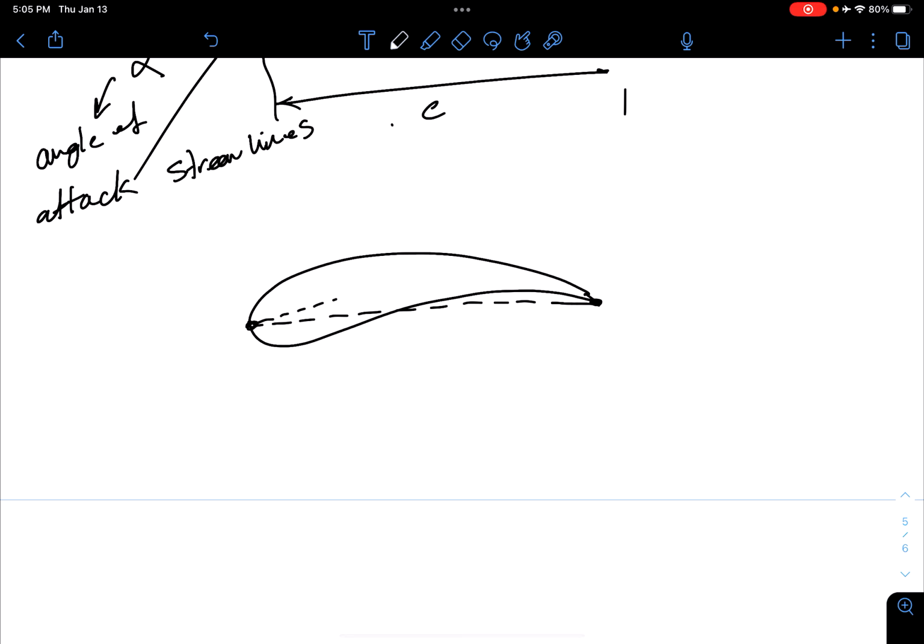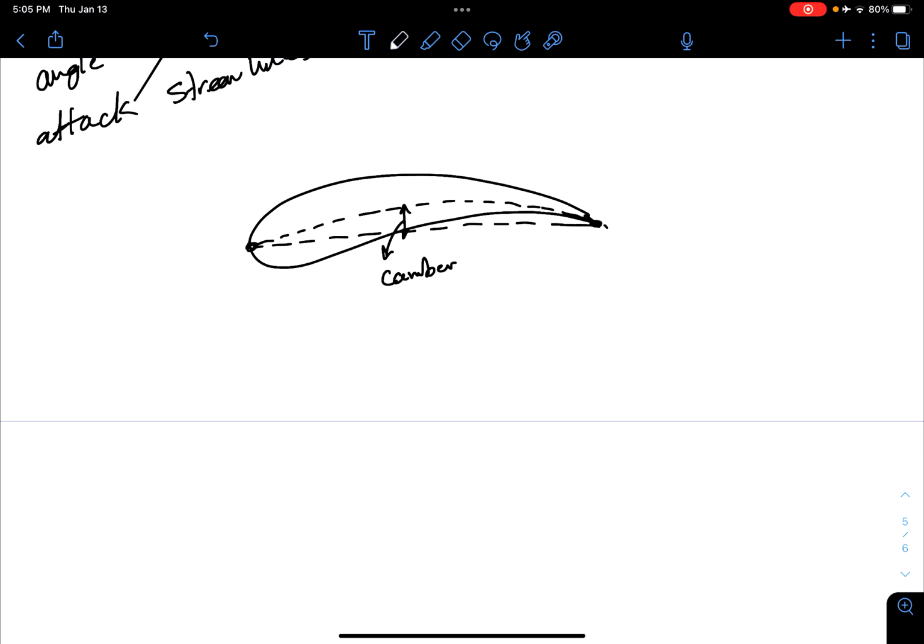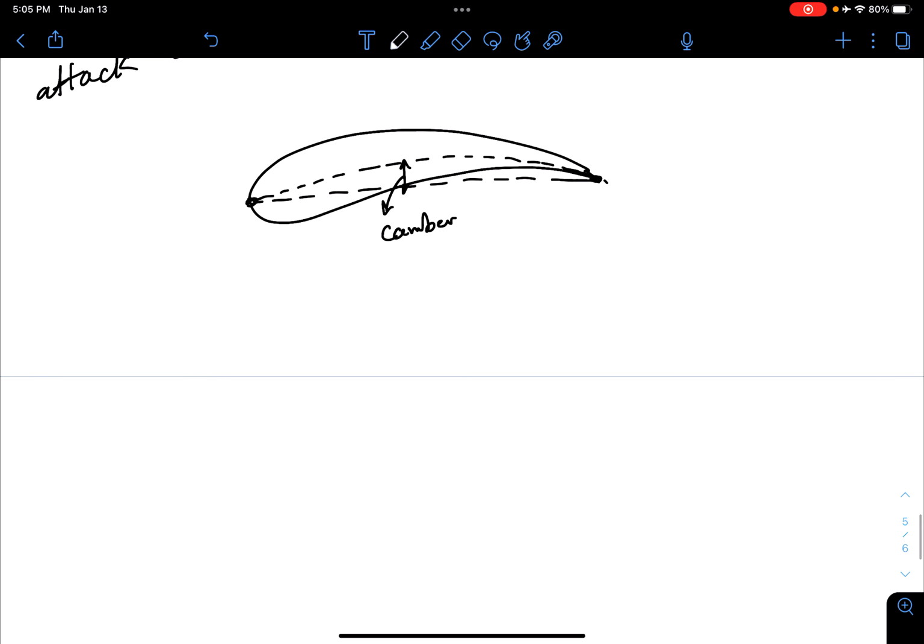But this is the camber, the mean camber line. This camber can change throughout the airfoil, right? We have actually a maximum camber, and a minimum camber is always 0.